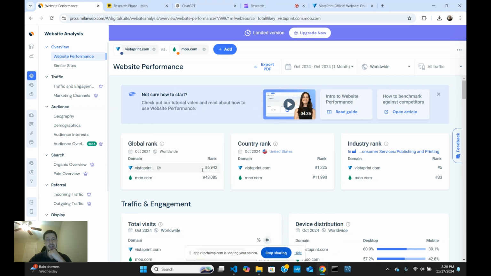Look at that, the rank for Vistaprint versus Moo. Vistaprint is number 6942, right? So it's way above compared with the competitor here. So clearly, we see that Vistaprint is one of the key companies. It's rank 5 in terms of industry.